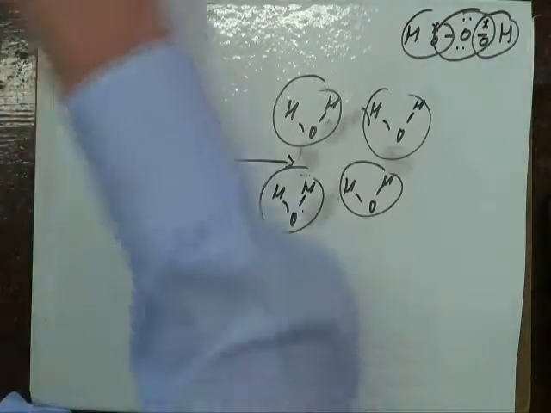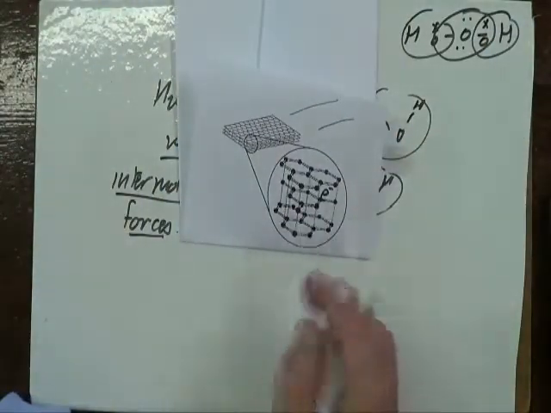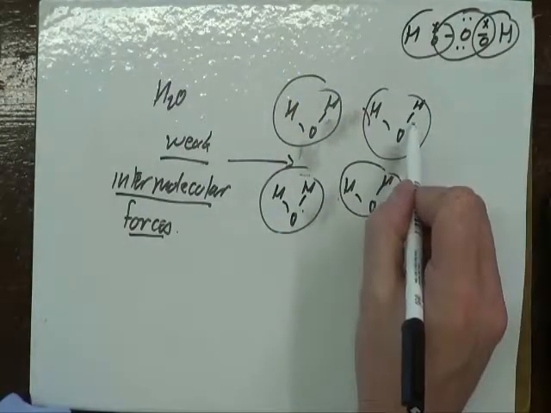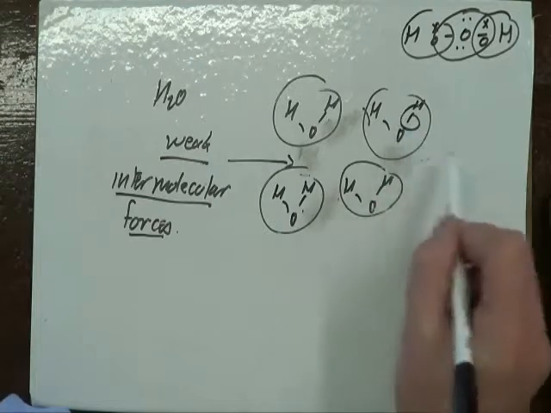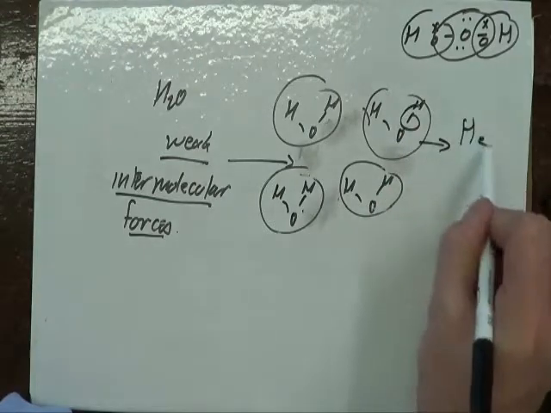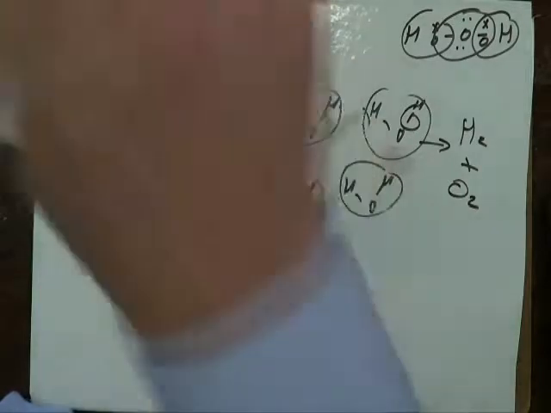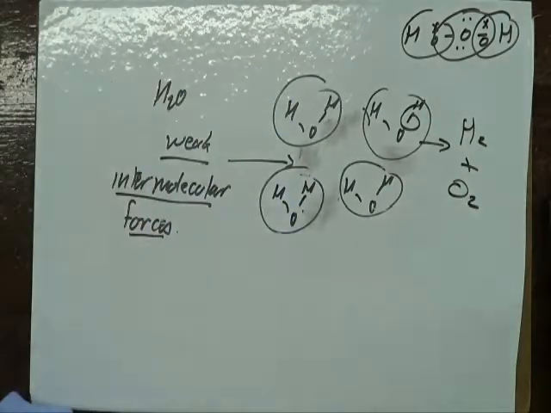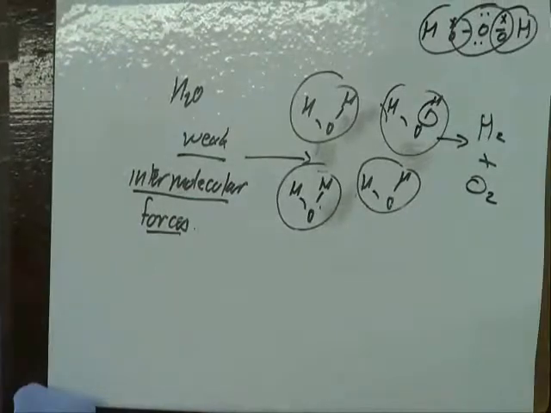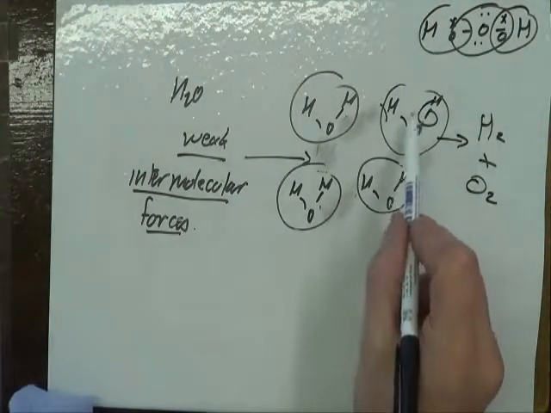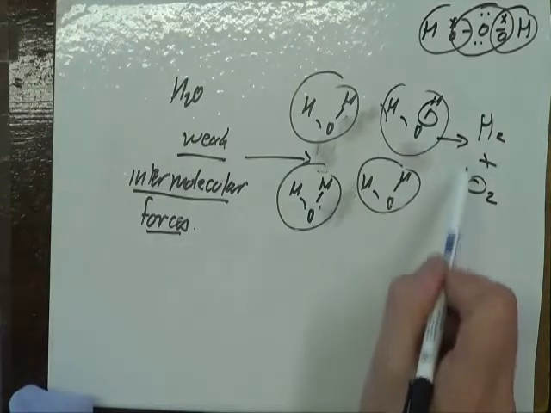Whereas in diamond and in graphite, remember, I was having to break very strong covalent bonds. That is no longer the case. If I broke the covalent bonds in water, I would end up getting hydrogen and oxygen separately. So if I was to break the strong covalent bonds in water, I would end up with hydrogen and oxygen.